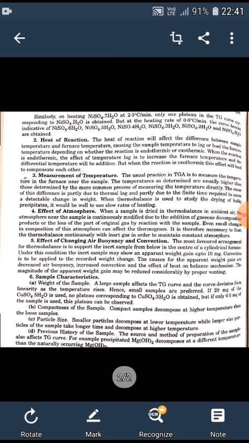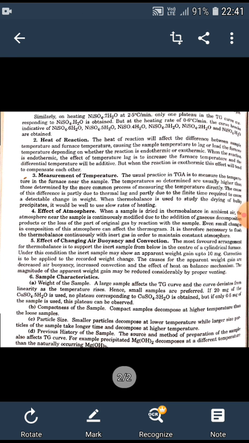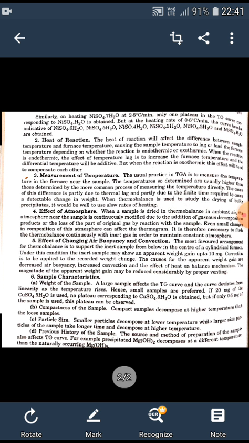The next factor affecting thermogravimetric analysis is the measurement of temperature. The usual practice in thermogravimetric analysis is to measure the temperature in the furnace near the sample. The temperatures so determined in this manner are usually higher than those determined by the more common process of measuring the temperature directly.